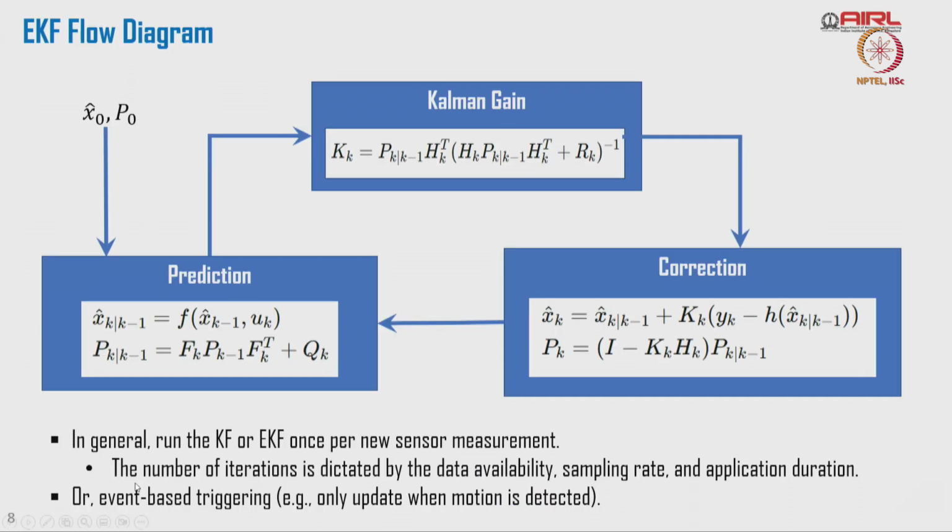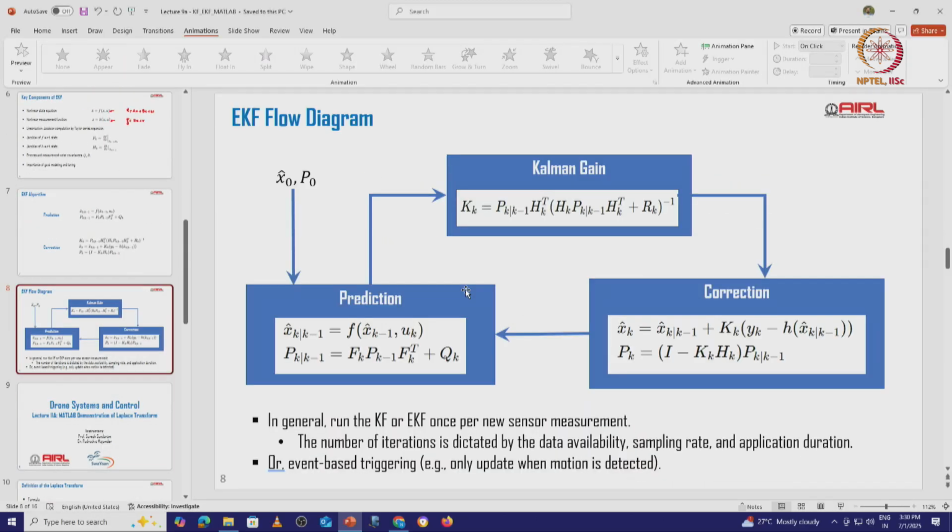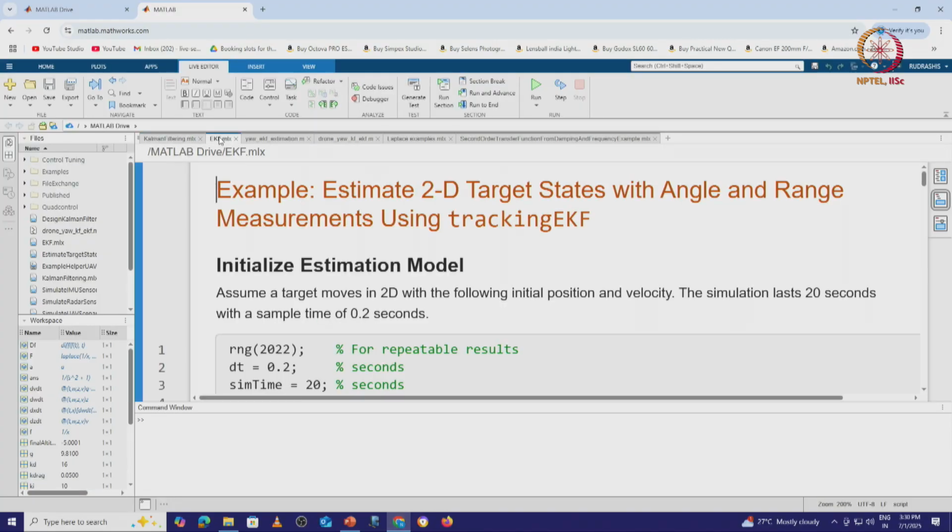So, this is the entire flow diagram of the extended Kalman filter. Now, when we go to the MATLAB demonstration, we will see one by one how things are done. Fine.